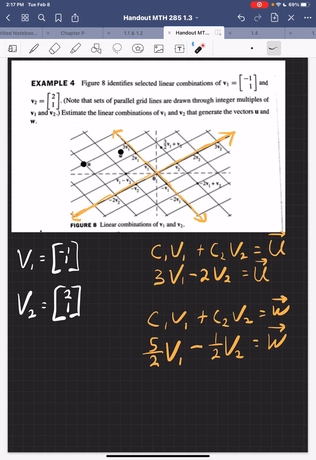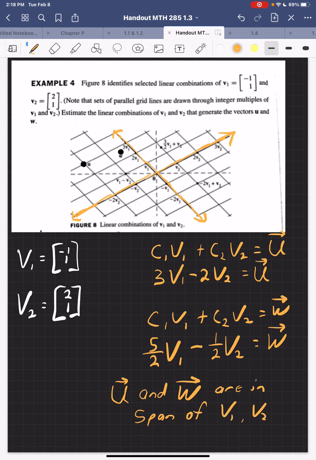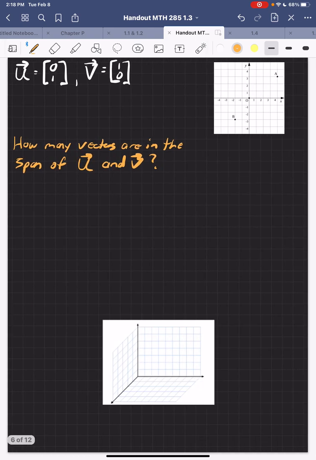The fact that we can reach u and w through a linear combination means that both u and w are in the span of vectors v sub 1 and v sub 2. I'll give notation for this in just a little bit, but I hope that makes sense. Let me just pose some questions.